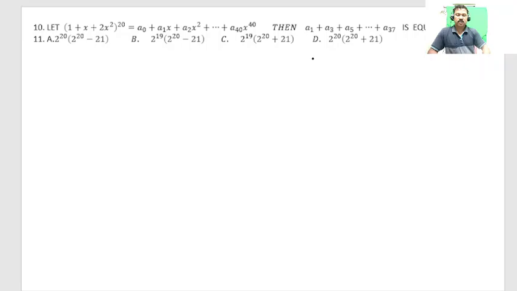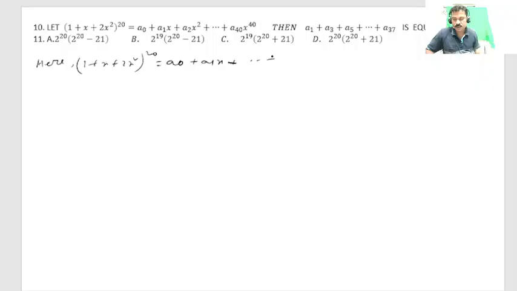First we write here (1 plus x plus 2x square) whole to the power 20 equals a0 plus a1x plus so on to a2n x to the power 2n, that is a40 x to the power 40 here.